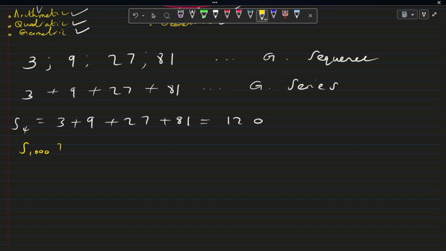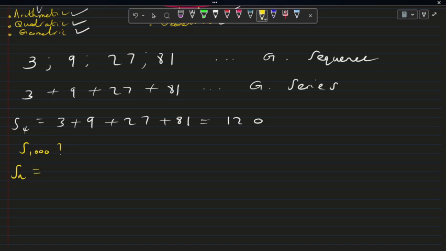So we want to come up with a formula, a way in which we can simply determine the sum without breaking a sweat. We want to determine Sn such that we can just plug in n for the number of terms and determine the sum.